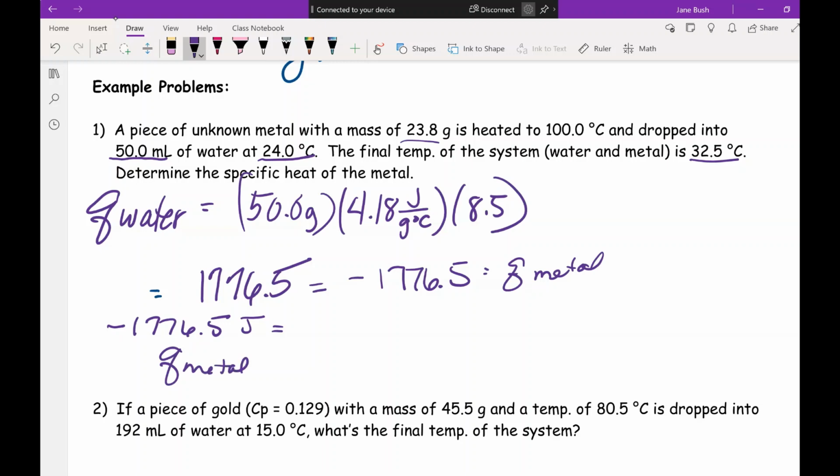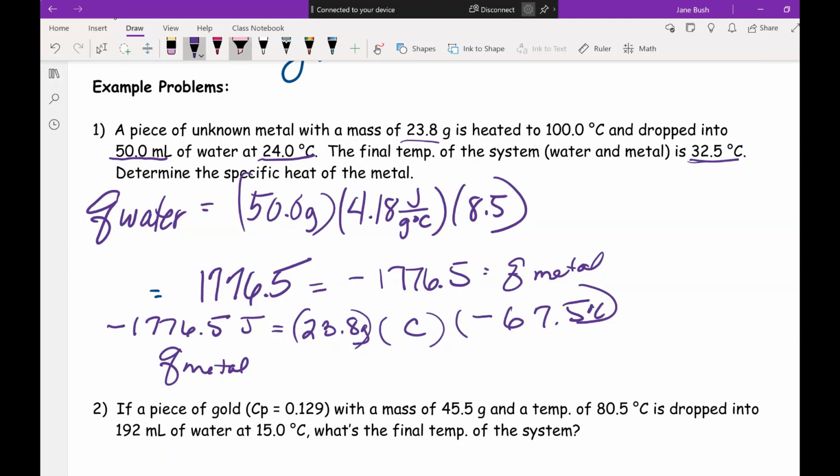What's the mass of the metal? 23.8 grams. Specific heat is unknown, and our metal started at 100 degrees and ended at 32.5, so it lost 67.5, if I did the math right. 100 minus 32.5, 67.5 degrees Celsius.